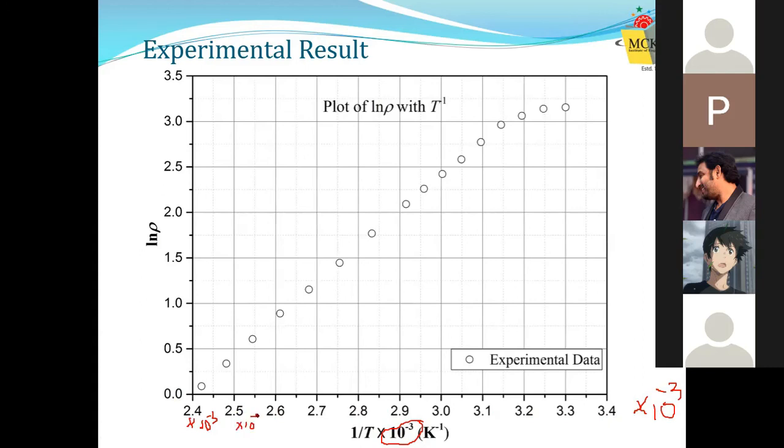But if you write 10 to the power of minus 3 every time, your x-axis would get clumsier. To avoid that clumsiness, you write only 2.4, 2.5, 2.6 and like that, and it is implied that 10 to the power of minus 3 is multiplied to all of the readings. Is it okay, everyone?